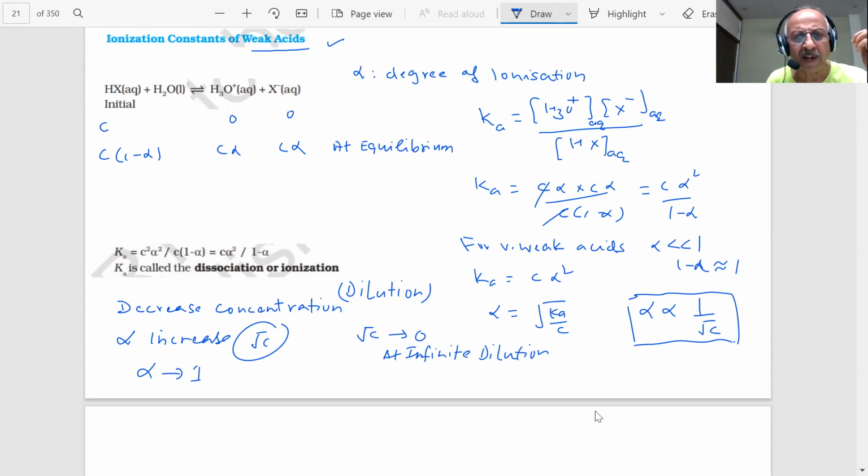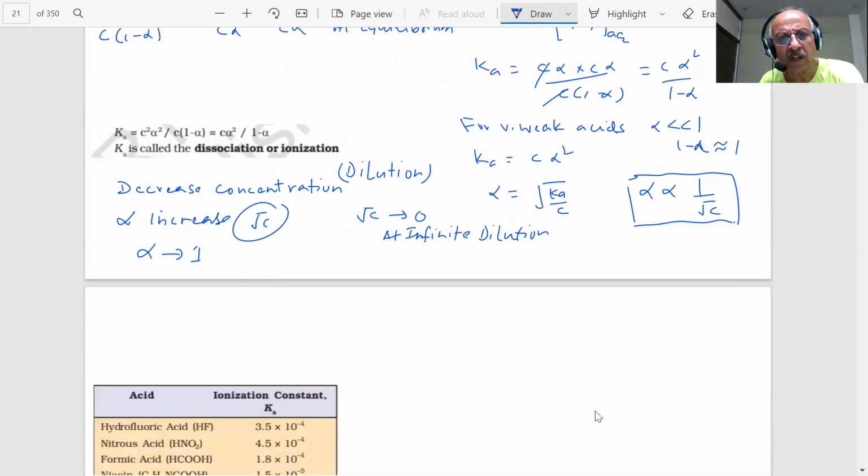So when the concentration becomes very low, on dilution, the degree of ionization increases and will approach unity. That means it will be completely ionized on dilution. Therefore, this is important, and this equation is called the Debye-Onsager equation.